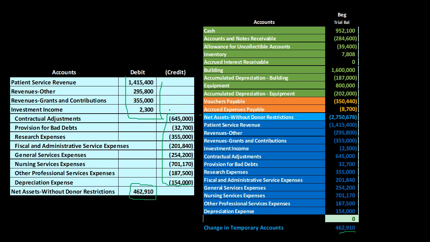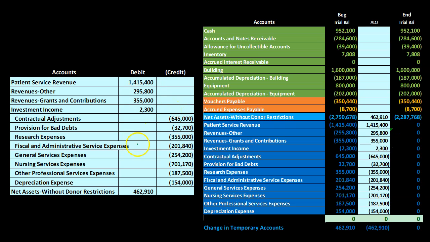All right, so let's post this out. Let's see what it looks like. The patient service revenue will be posted here. It's going to make it go down to zero, which is what we wanted it to do. And then we've got the revenues and other, which makes it go down to zero. We have the revenues from the grants and contributions, making it go down to zero. We've got the investment income, making it go down to zero.